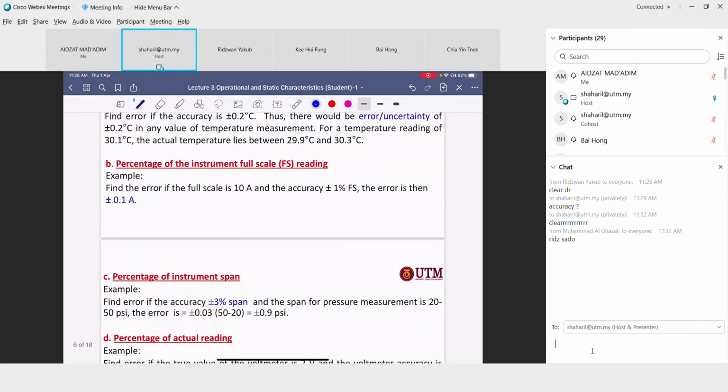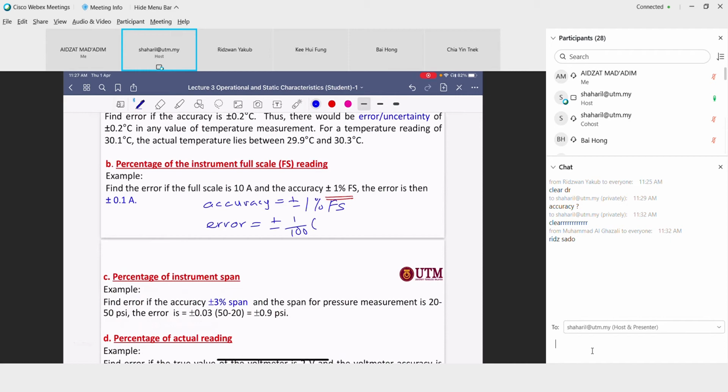And in some data sheets, the accuracy, for example, is plus minus 1% full scale. This you need to convert first. Then you need to find the error first. So error means plus minus 1 over 100, which is 1%, times the full scale.